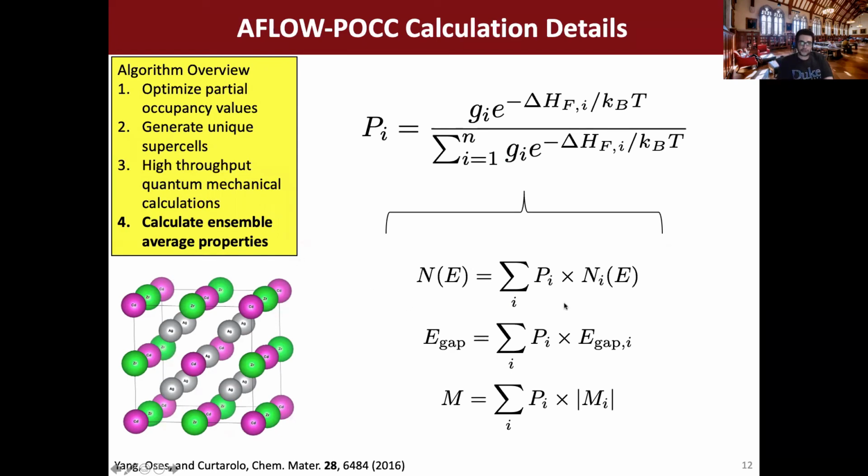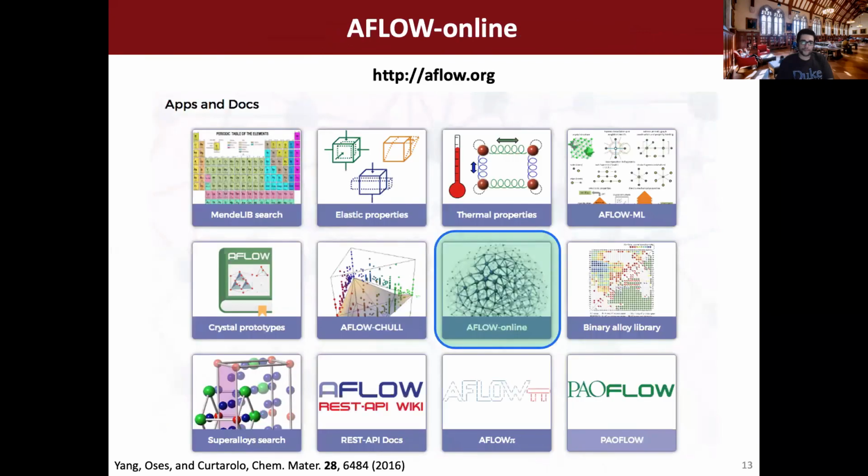For example, each structure is going to have its own density of states, and we can average all of those with the weighting of each of the structures. We can play this game with the band gap too, and the magnetic moments. In general, you can do this for all of the properties of the structure that we can average in this way. Now we're going to do some examples together.